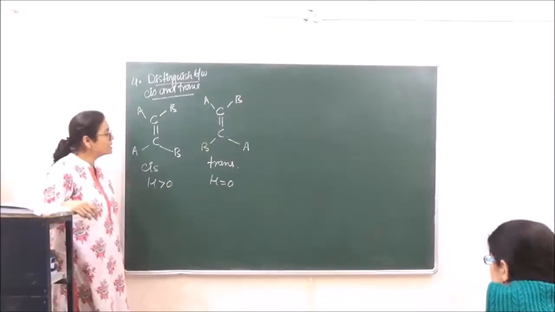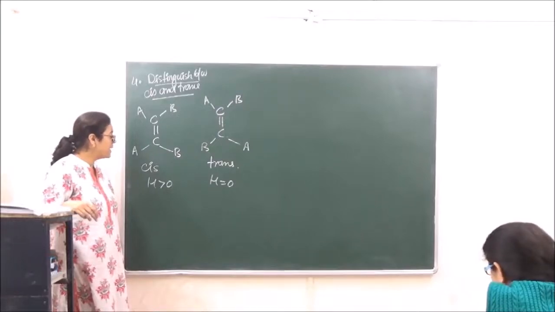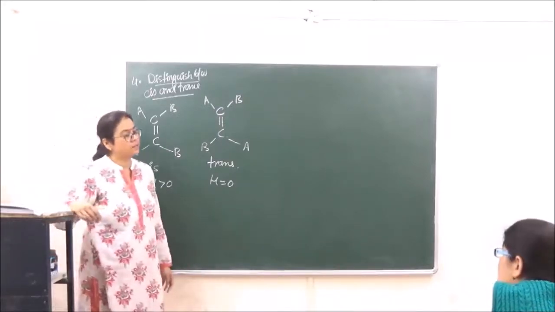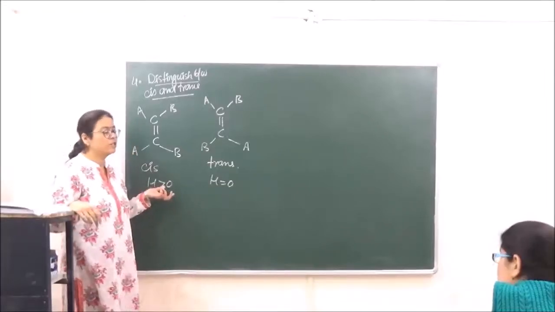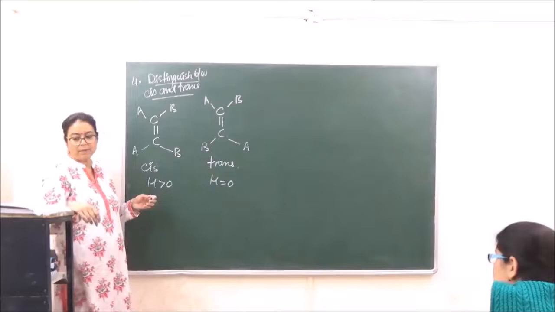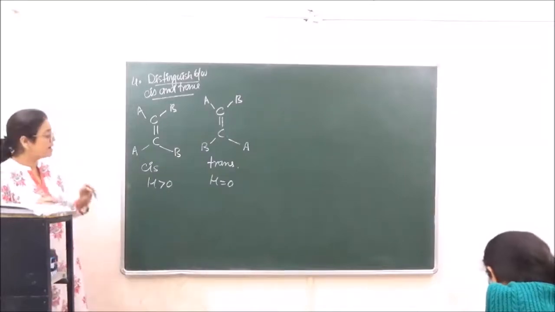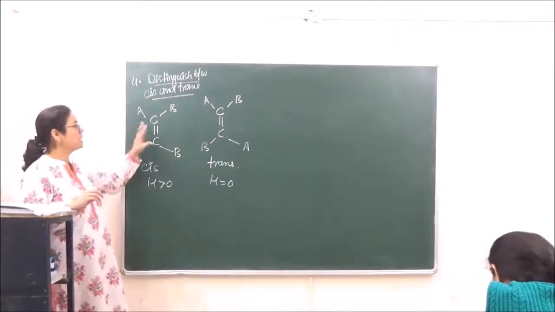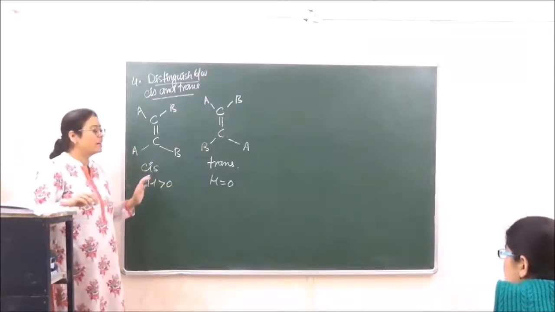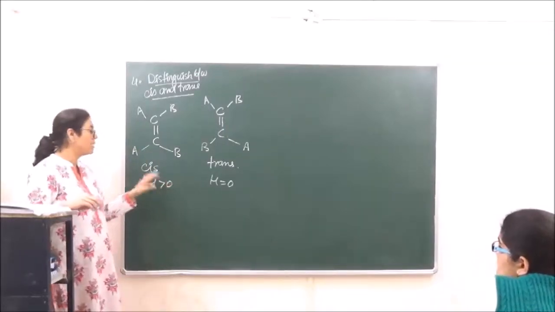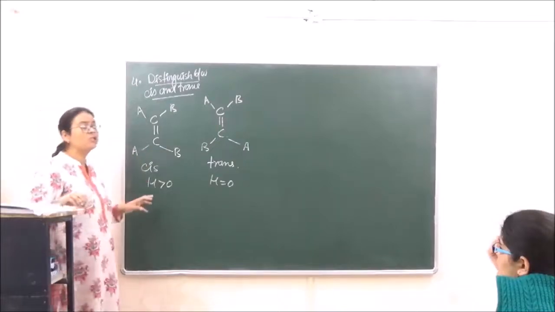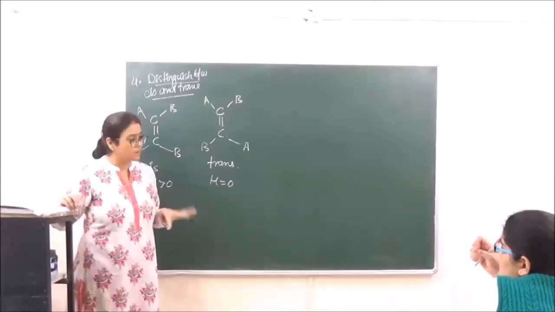So this can be easily said by taking that cis has higher melting points than trans, because they have a certain percentage of ionic character. Is it clear? But sometimes, if there are two different groups attached, this case does not always happen. That trans will always have a zero dipole moment, lesser than cis. It depends upon the atoms which are attached to the carbon.